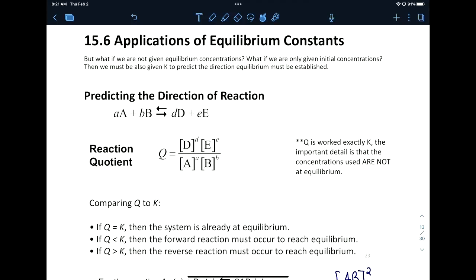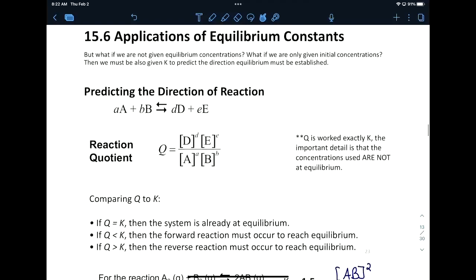Again, if you keep in your back pocket and know that K is equal to products over reactants, it'll help you predict the direction. So how we predict the direction when given non-equilibrium concentrations is we calculate what's called Q, the reaction quotient. Essentially, you just put the non-equilibrium concentrations into the K expression and calculate what it is.